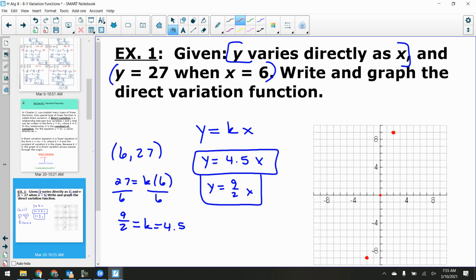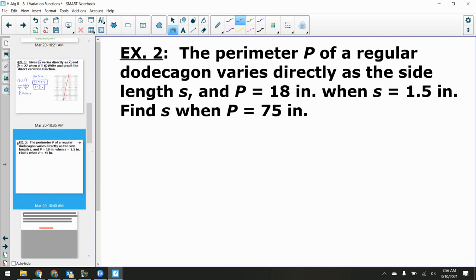There's my direct variation. I kind of missed my origin, but that's okay. You get the idea. So a direct variation is a straight line function. A direct variation is a linear function. It's not going to be true for inverse once we get there.